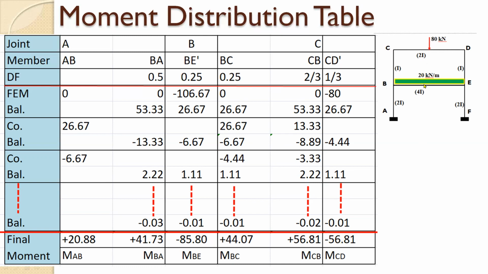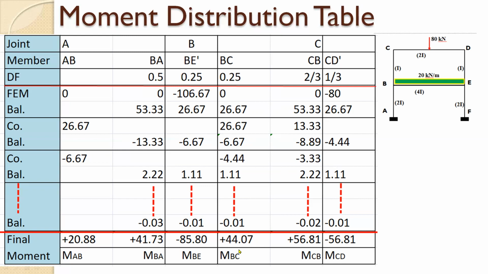Similarly, if BE is minus 85.80, then EB is plus 85.80. So on the other side, we don't have to calculate. We have to take the same magnitude but opposite sign. Similarly, if you see BA, it is plus 41.73, so EF will be minus 41.73. This is how we calculate the final moments in the frame.